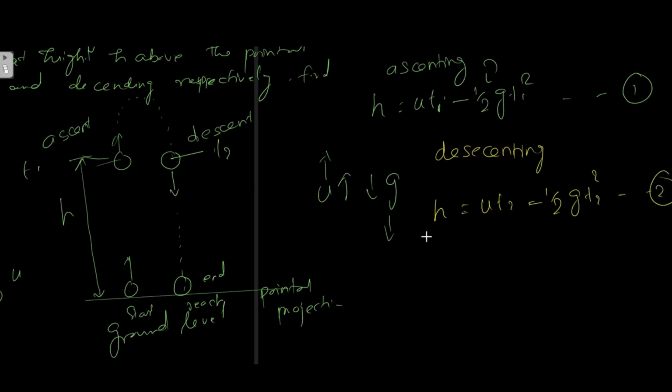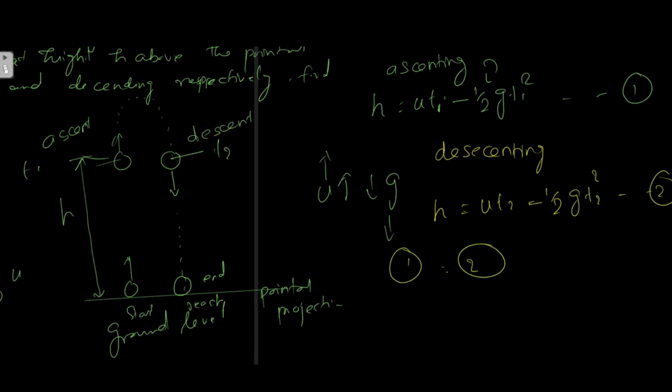What we found here in equations 1 and 2 is that the state of position from the point of projection, the state of the particle in ascending and descending, is the same height h.